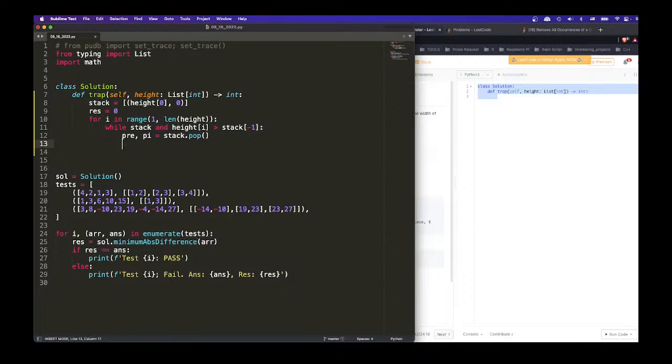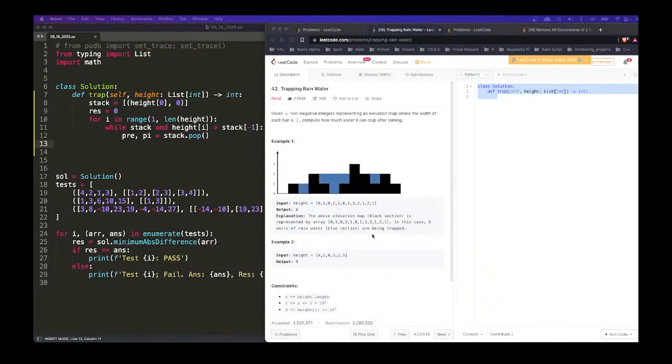But what if the pre is bigger than? That's a good question. So it shall be the height of this, all right? Because I am bigger than you.